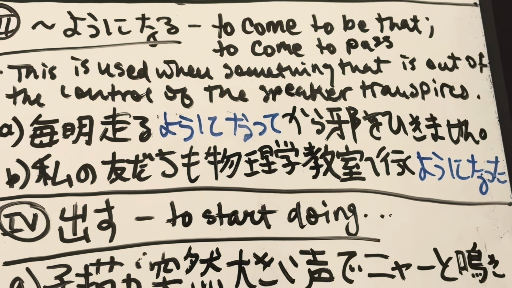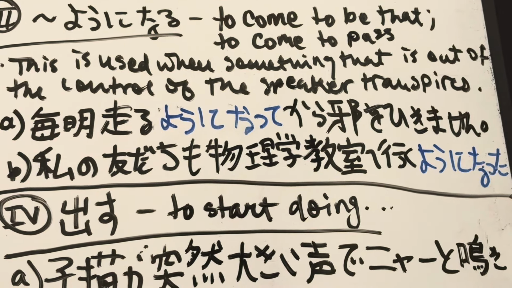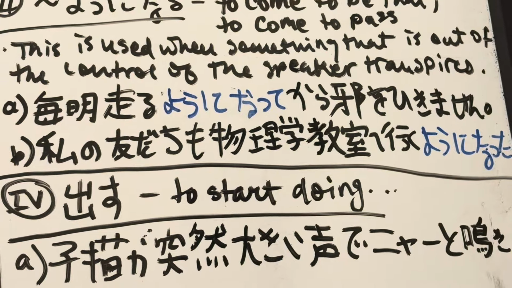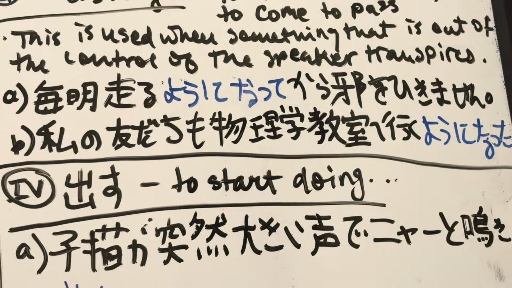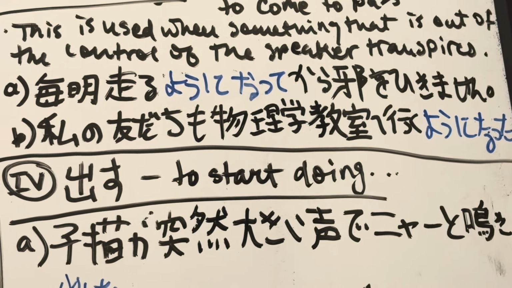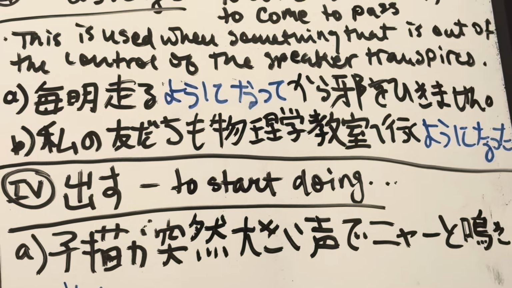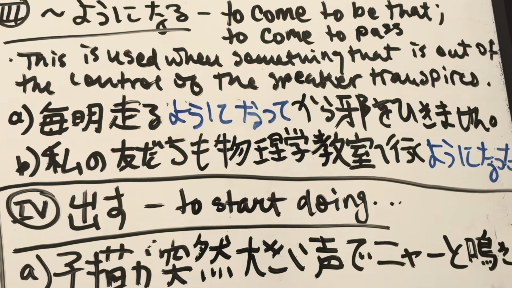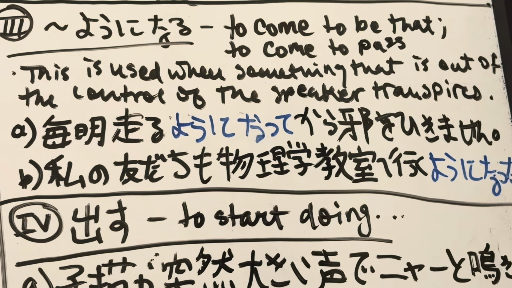A better one, I think, that would better demonstrate what I mean would be the second one. 私の友達も物理学教室へ行くようになった. It came to be that my friends also go to the physics research room.